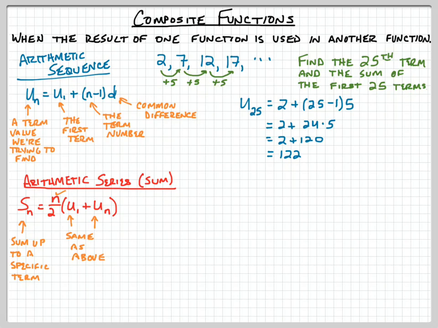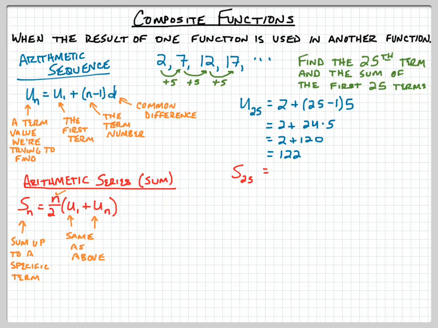Now, what are we going to do with that 122? Well, we found that that's the 25th term in the sequence. Now we want to find the sum of all the terms 1 through 25, so we can use our arithmetic series formula.